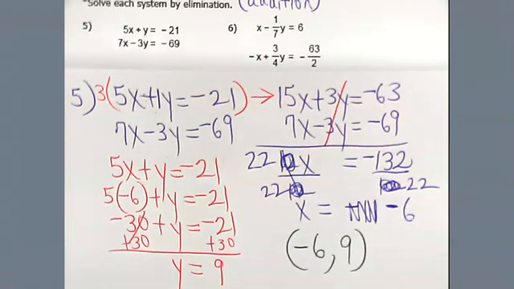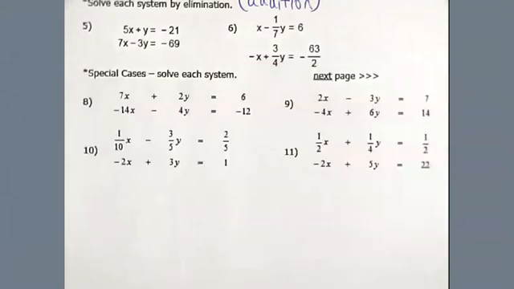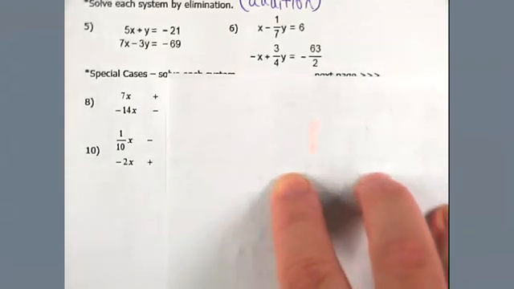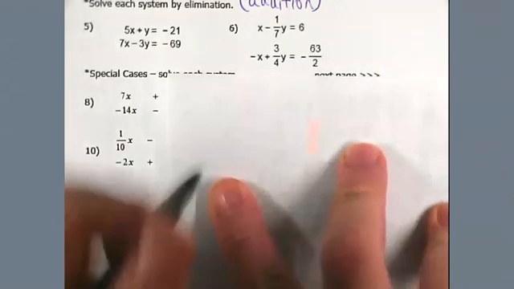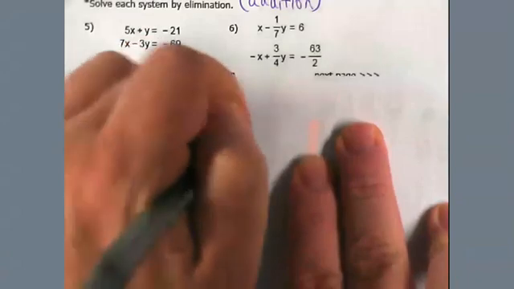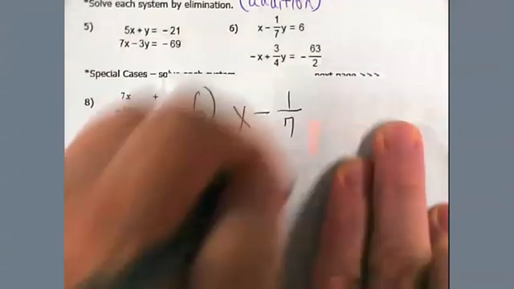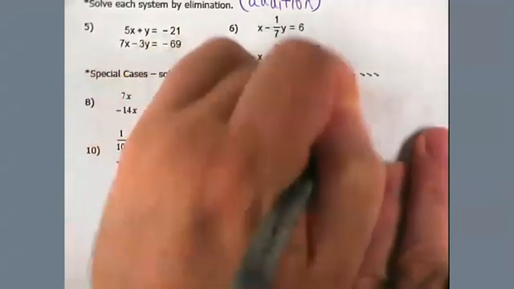Let's look at a system where it's still going to be solved by the elimination or addition method, but this next system contains fractions. First equation, x minus 1 over 7y equal to positive 6.